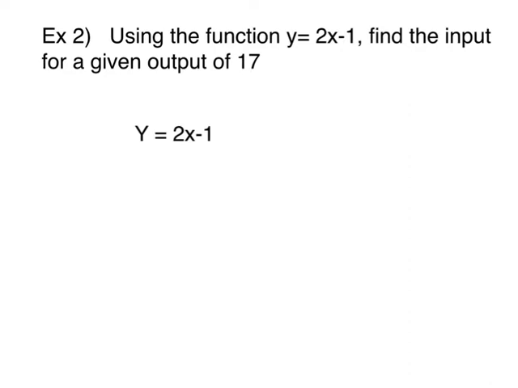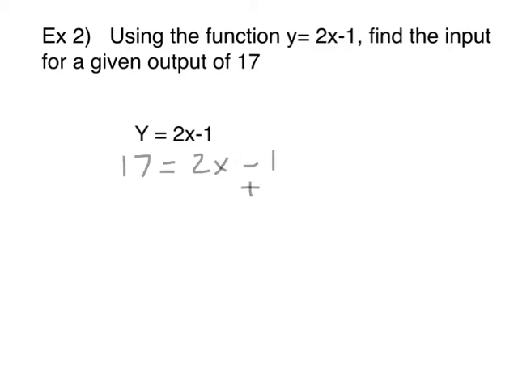Alright, now in exercise 2, we are to take the function y equals 2x minus 1 that we wrote in part 1 and actually find an input if they give you the output already, the y part. So the first thing you're going to do is write the 17 in for the y, and that's going to be equal to the 2x minus 1. And then we're going back to our last unit, just solving the equation, a nice two-stepper.